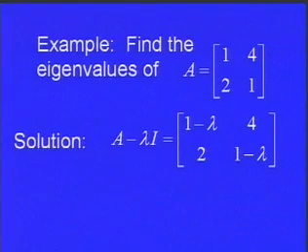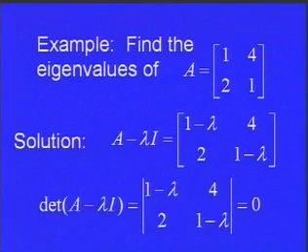All right, so I would get, just skipping all the steps in between, 1 minus lambda, 4 in the first row. Then the second row would be 2, and then 1 minus lambda. And like we saw in the last section, what essentially happens is you get minus lambda attached to all the entries in the main diagonal.